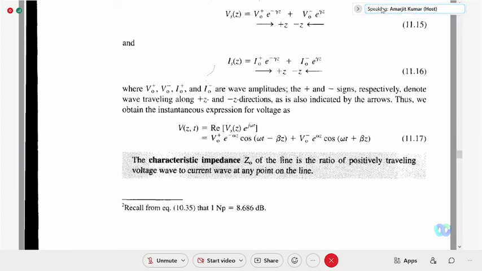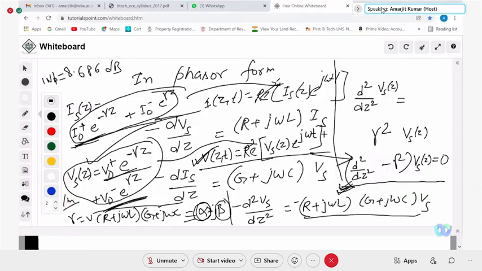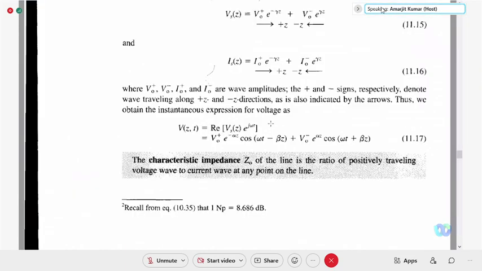This we have got by taking the real part, from phasor form to the instantaneous current and voltage expression. Okay, instantaneous expression for voltage.